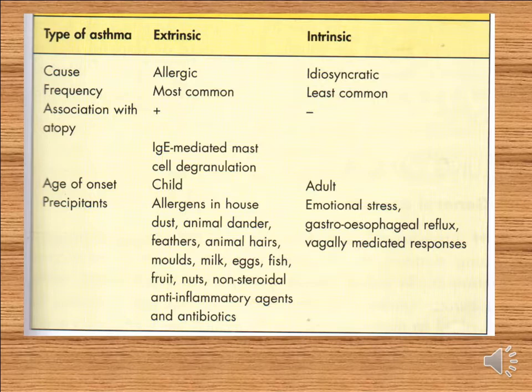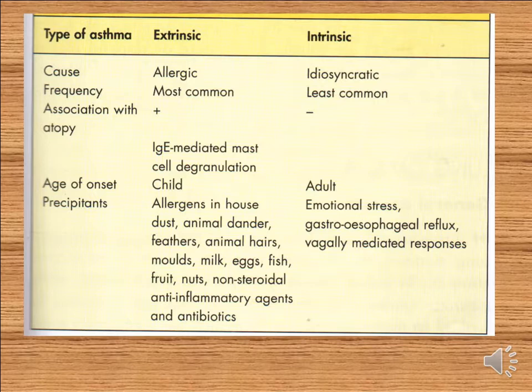The cause of intrinsic is idiopathic. The frequency of recurrent attacks is most common in extrinsic, but less common in intrinsic. It is associated with atopy in extrinsic, due to allergic presence of IgE-mediated mast cell degranulation.